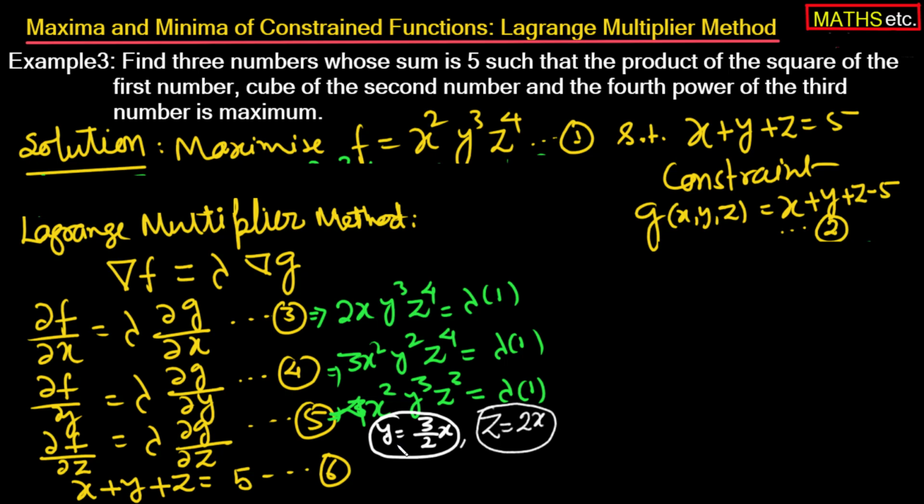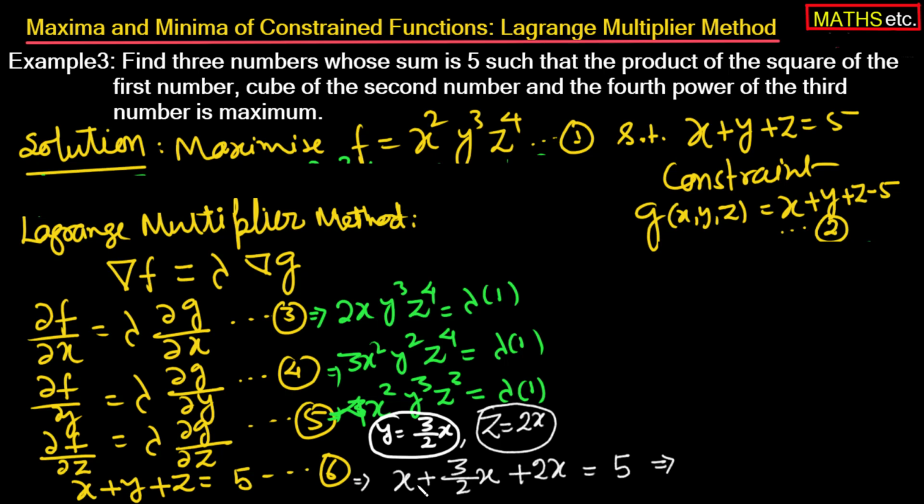So we have obtained y and z unknowns in terms of x. Next we put the values of y and z in equation number 6. So we have x plus 3 over 2 x plus 2x is equal to 5.